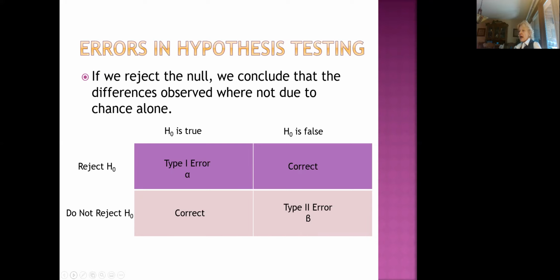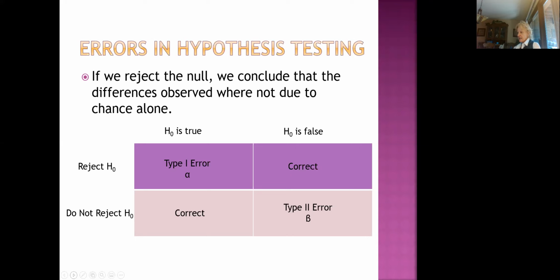If we reject the null and we decide there's a difference between these two groups, when in reality there is not a difference between the mean of the two groups, we've committed a type 1 error, and that's represented by your alpha. The catacorner down from that is the type 2 error, which is referred to as beta.